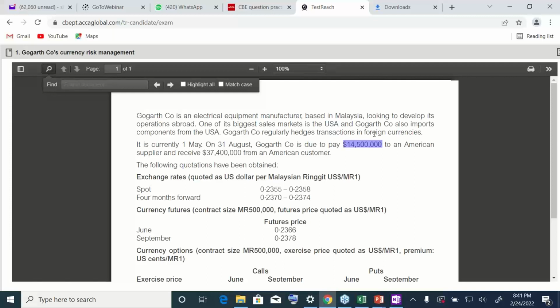That's why you have to divide. Okay? Clear?